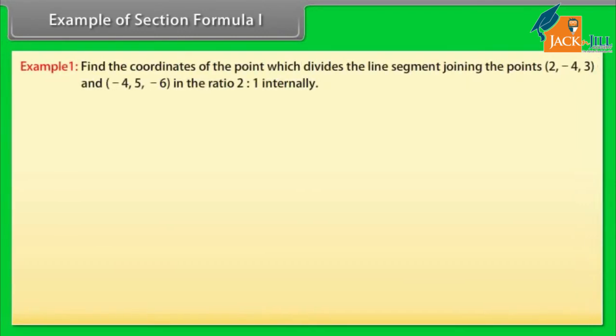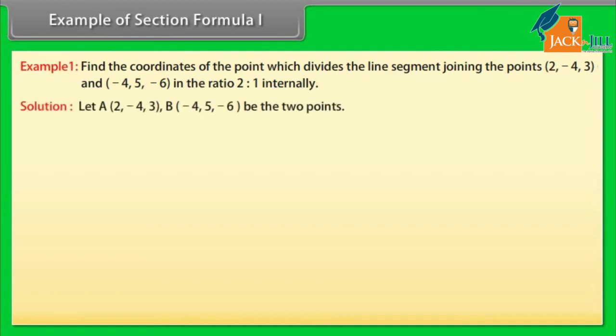Example of section formula 1. Find the coordinates of the point which divides the line segment joining the points (2, -4, 3) and (-4, 5, -6) in the ratio 2:1 internally. Solution.